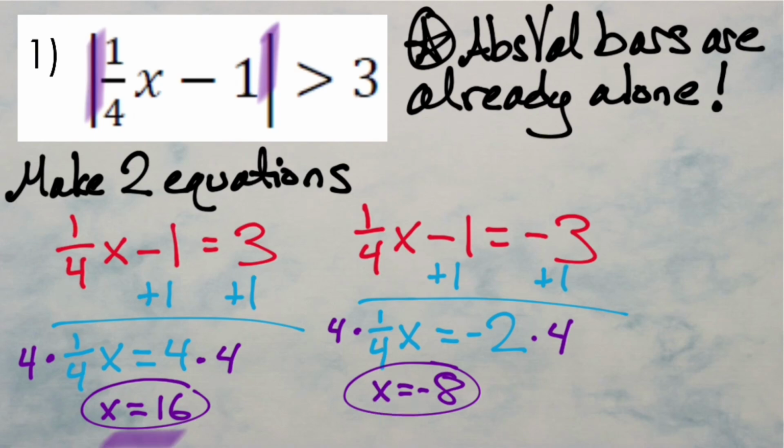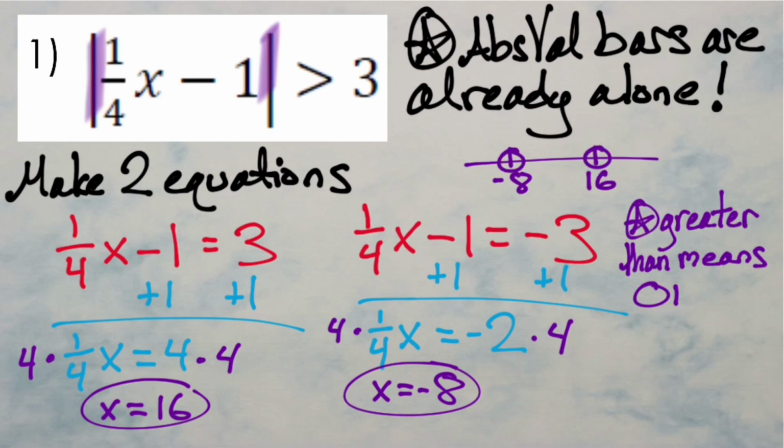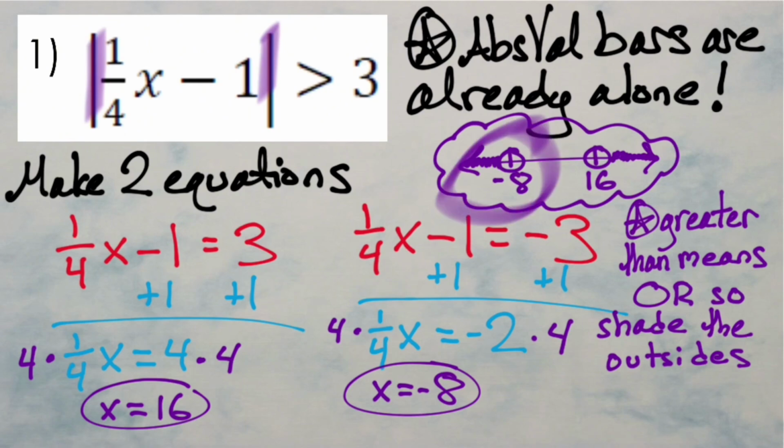But we're not done. You are not done until you draw the graph. So negative 8 is less than 16, so it would be the number that is on the left-hand side right here. All right, negative 8 would be less than 16, so that is why negative 8 would be on the left side of this number line right here. And then this is the part that you need to know.